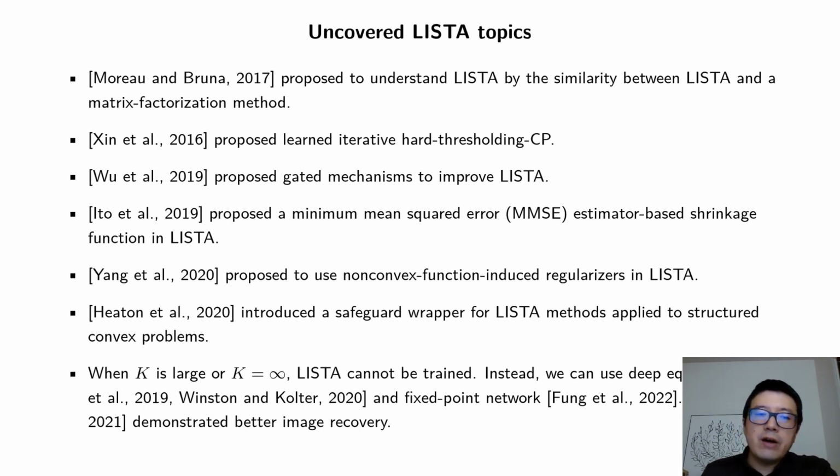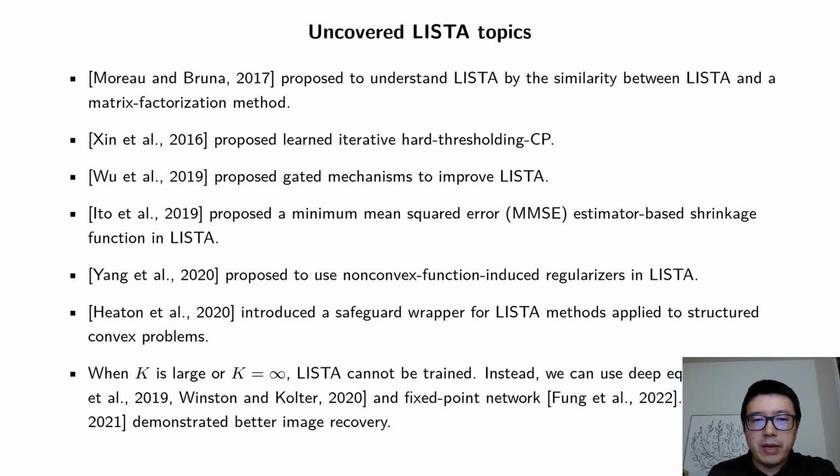And also a very interesting line of work considers K very large or K infinity. In this case, LISTA becomes very difficult to train. And you have to do some complicated curriculum training, and you may still not get stable training. So instead, we just look at the fixed point formula or the equilibrium.